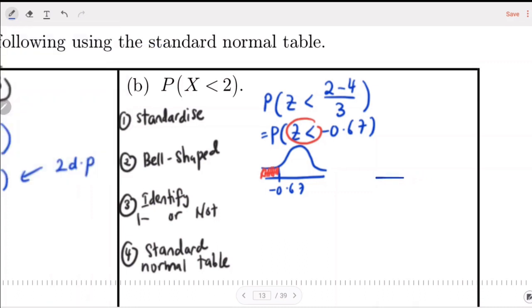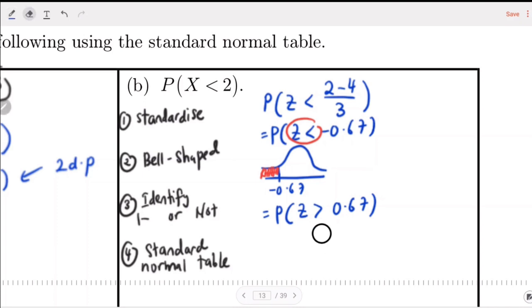If we shaded the middle part of our bell shape, we need to put 1 minus, but since we are not doing that for this example, doesn't need to put 1 minus, so we just take probability for z greater than 0.67. During the third step, it's always going to be z greater than or z greater than equal in order to look at the standard normal table.